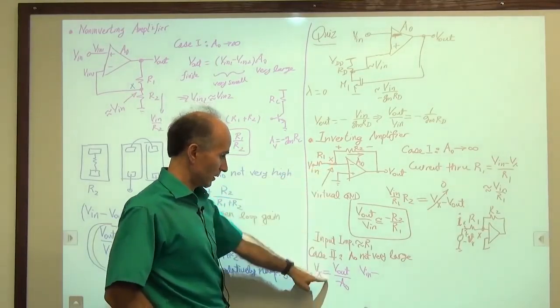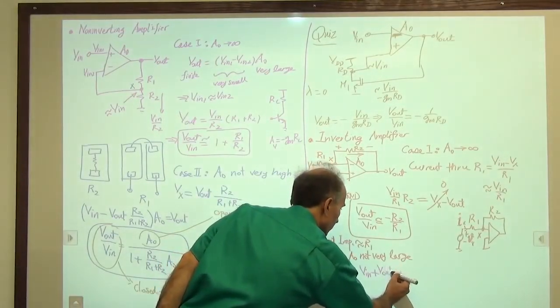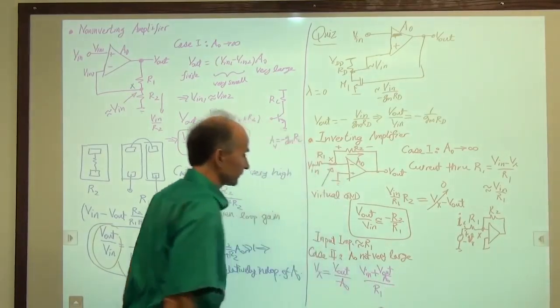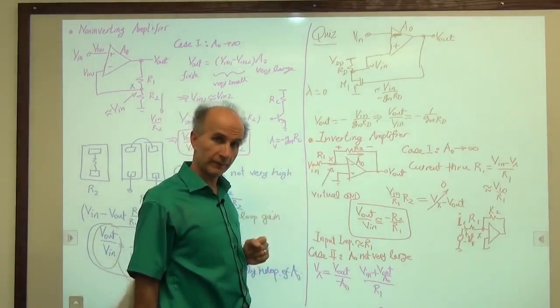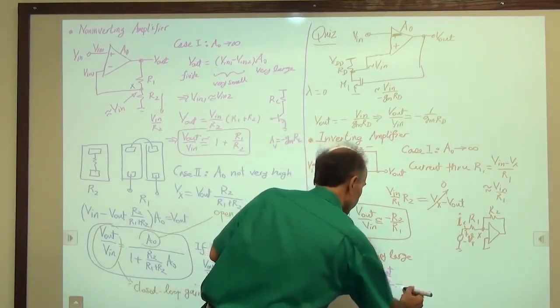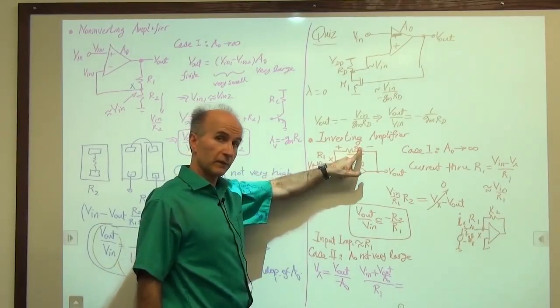This voltage is given, so plus Vout over A0 over R1. That is the current flowing through R1 from left to right. This should be equal to the current flowing through R2 from left to right.